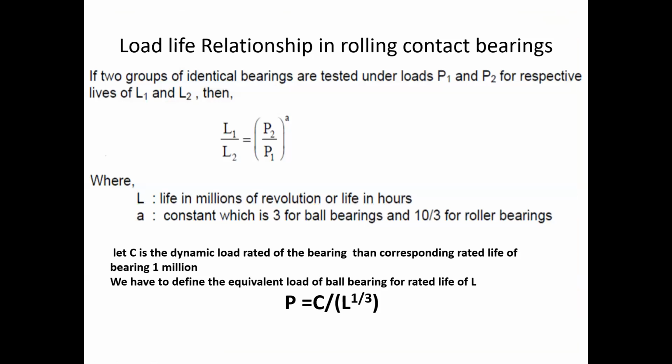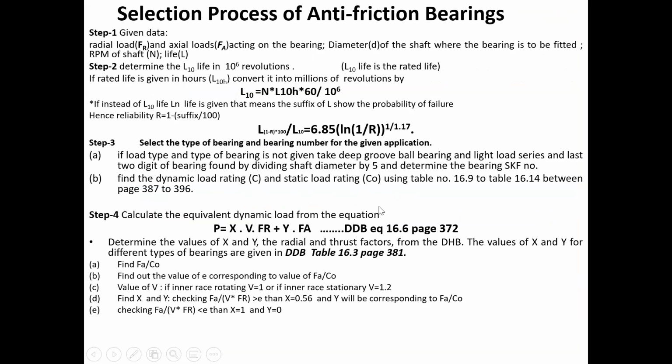So by finding out the values of V, X and Y, we are able to find out the equivalent load P. The method of finding X and Y is again iterated here: find Fa upon C naught, find the value of e corresponding to Fa upon C naught in table number 16.3.